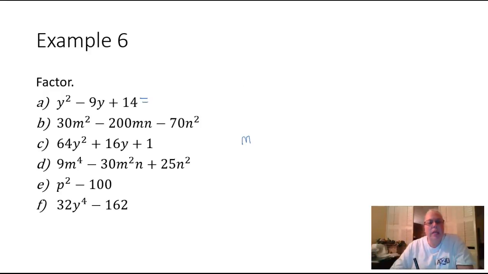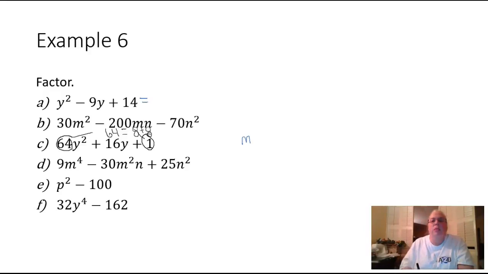Okay, part C, we're supposed to factor 64y squared plus 16y. And again, I'm going to take the 64 and multiply it by 1 right here. So 64 times 1, that's 64. So I'm looking for things that will multiply and give me 64, that will add together and give me positive 16. And it looks like that's going to be 8 plus 8.